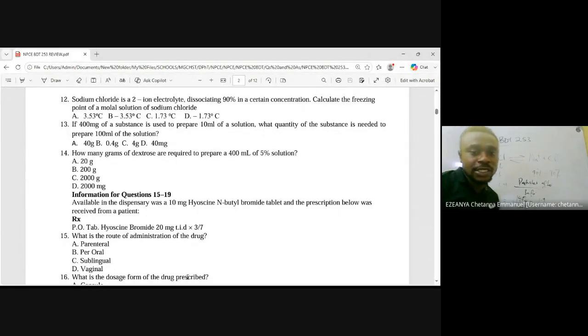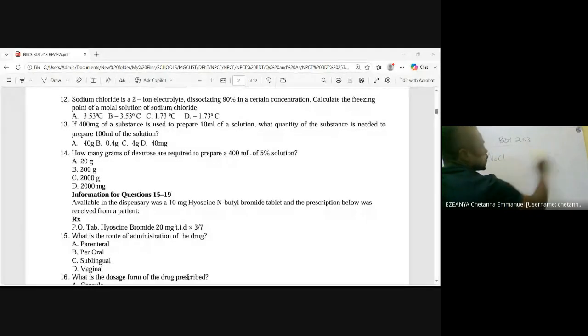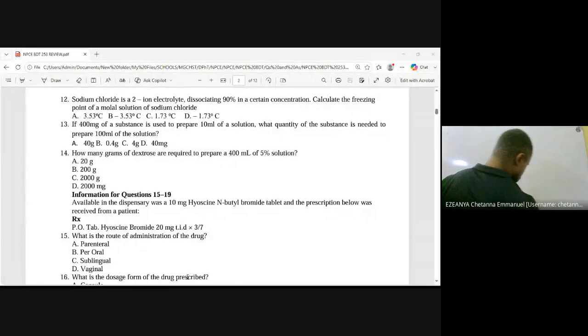To solve this question, we have a formula. First of all, you ask yourself, what is a molar solution?